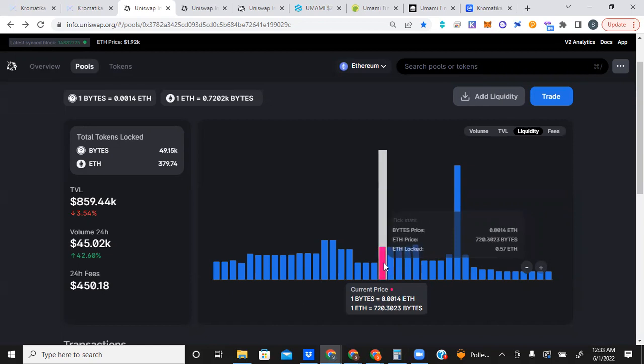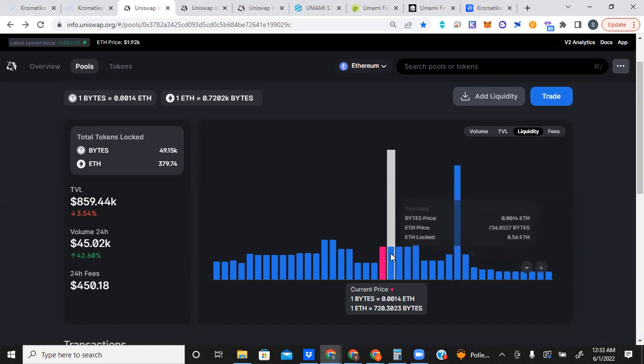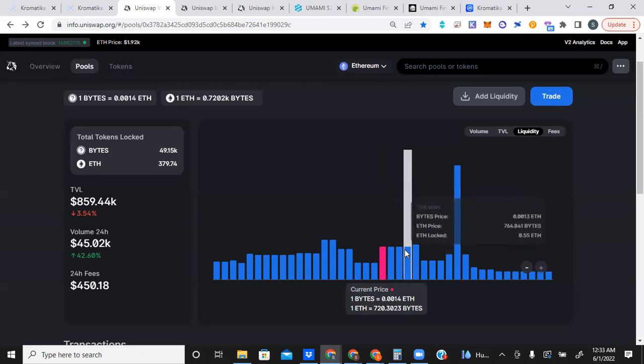So what happens is when people come and sell their tokens into your liquidity position, your Ethereum will turn into the Bytes token. Once all your Ethereum is turned into the Bytes token, the Chainlink keeper will notice that the price target has been hit, and it will take that liquidity pool position out, effectively creating a limit order.